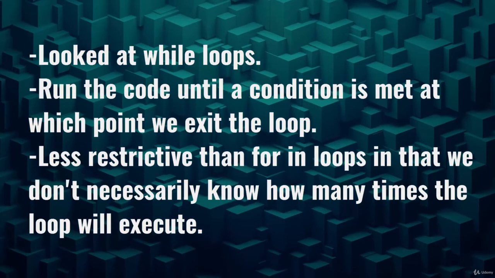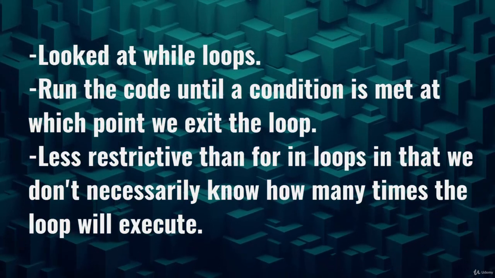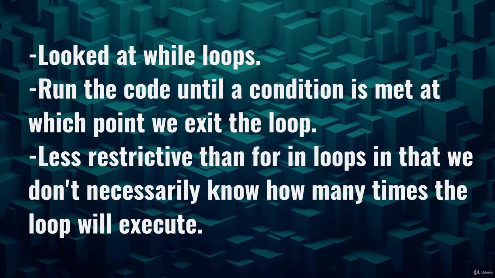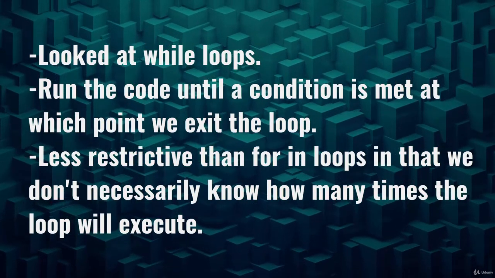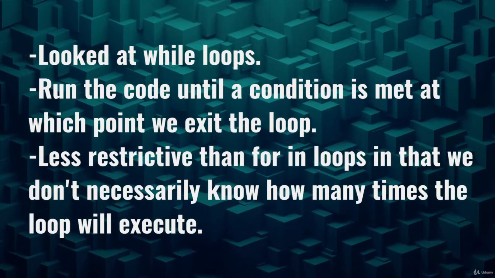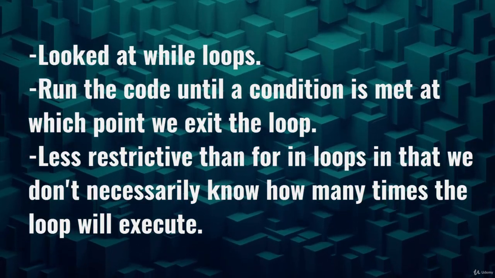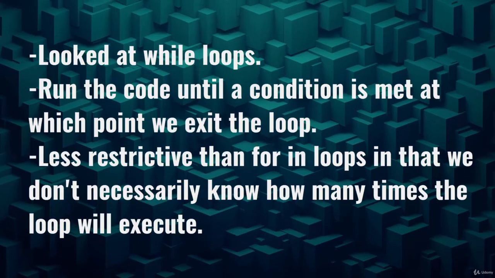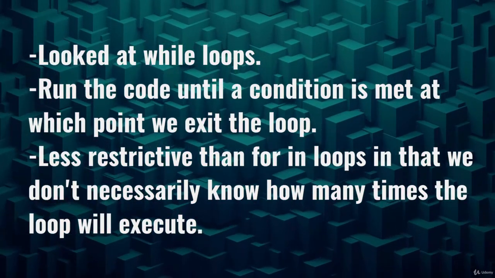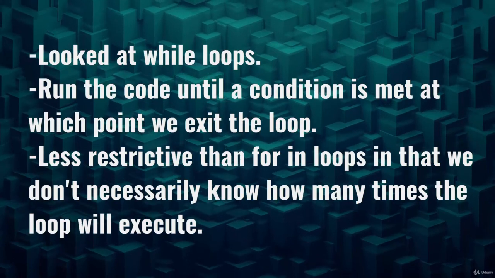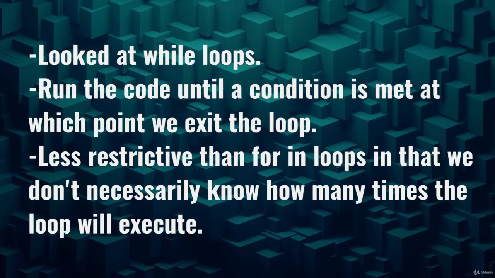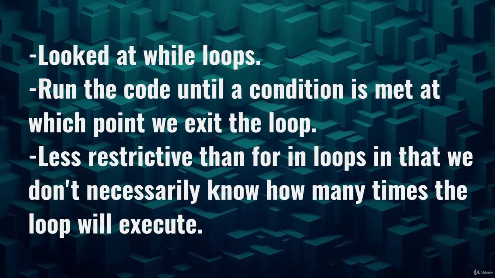However, with the while loop, in this case it was an integer, and we were running as long as that integer was less than a certain value, and unless we know the start value of that integer going in, we don't necessarily know how many times the loop will execute. So we're going to see a real-life example in this part coming up so that we can gain a better understanding of exactly how these while loops work.